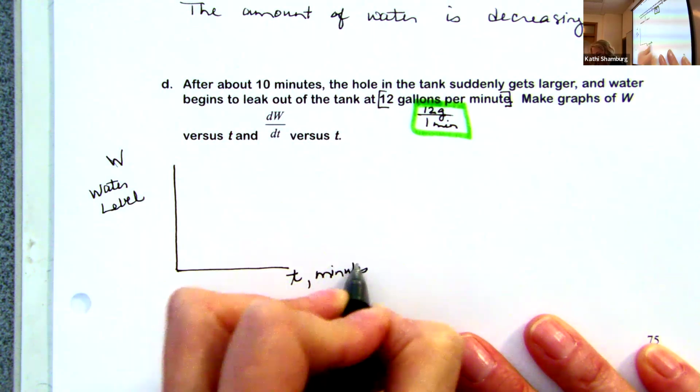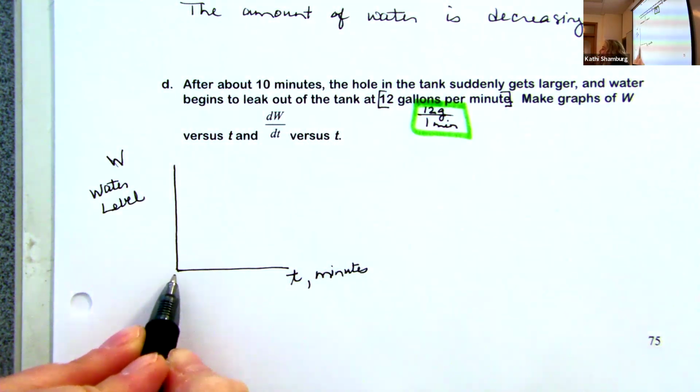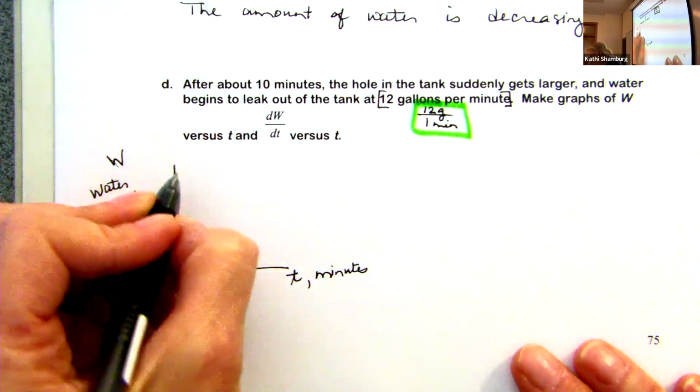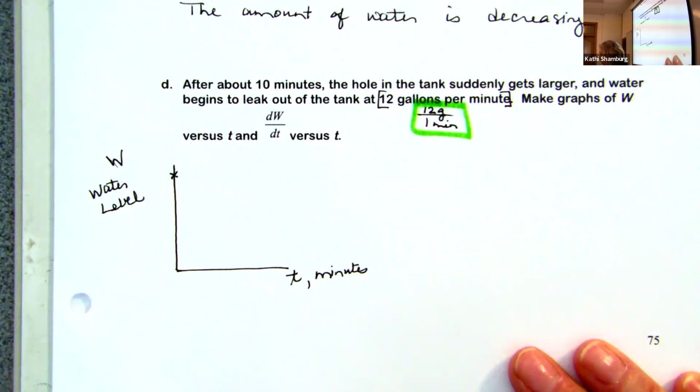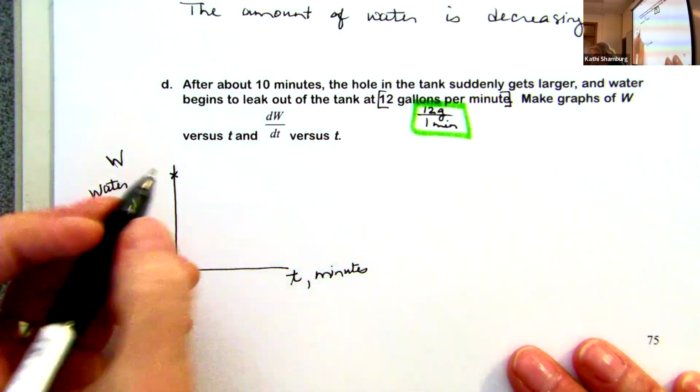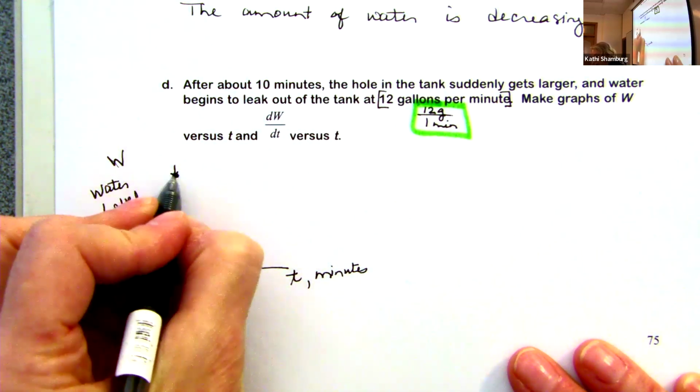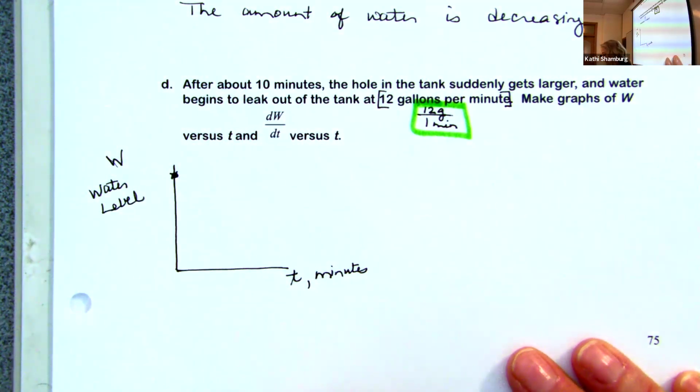Now, am I going to start here in the corner? If I start in the corner, how much water would that represent? 0. So I've got water in the tank, right? So I'm going to start here. I don't know how much water, but up here is however much water that you have.